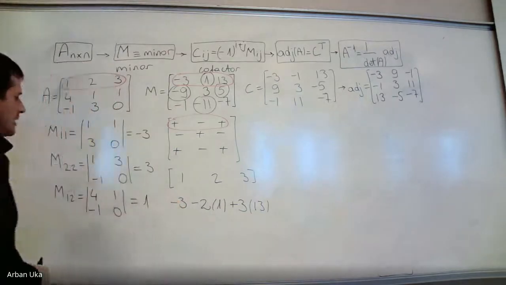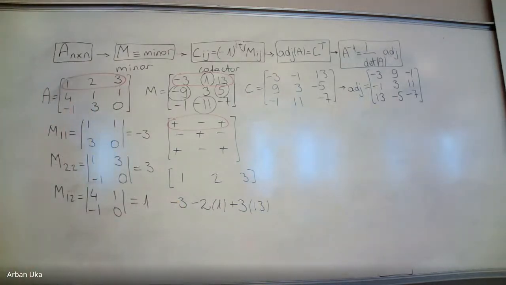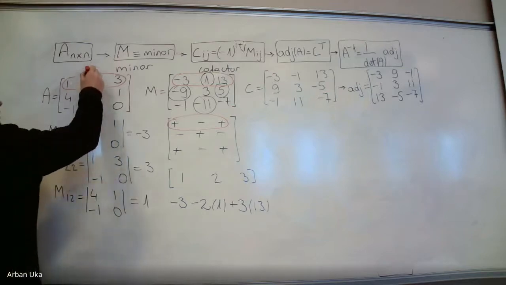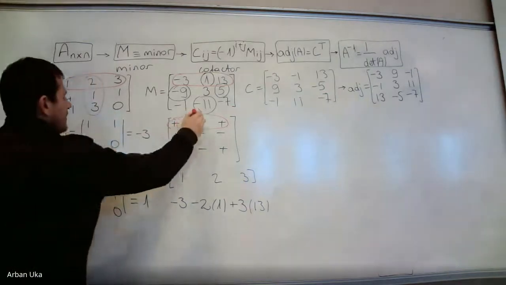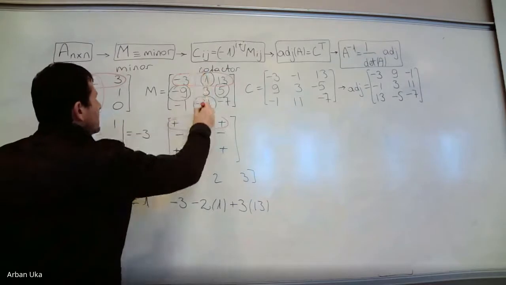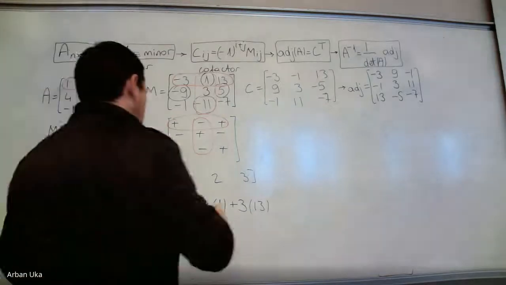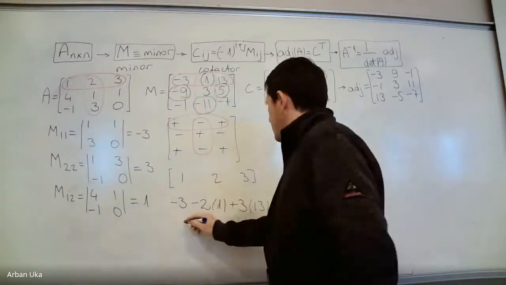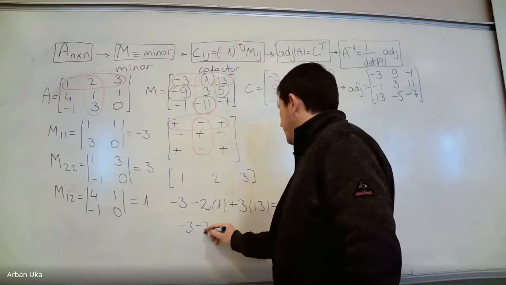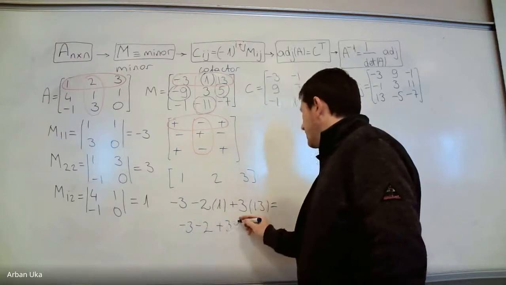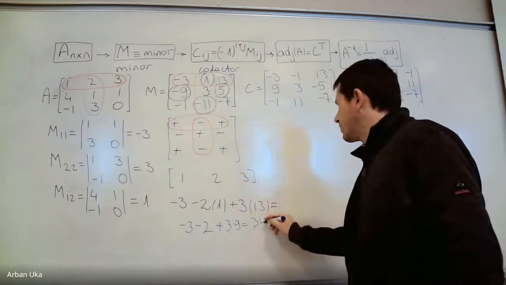Then we have minus 2 times 1, and plus 3 times 13. If we want to expand along the second column, we take these numbers. But can you find what is the determinant here? This is minus 3, minus 2, plus 39. This is equal to 34.